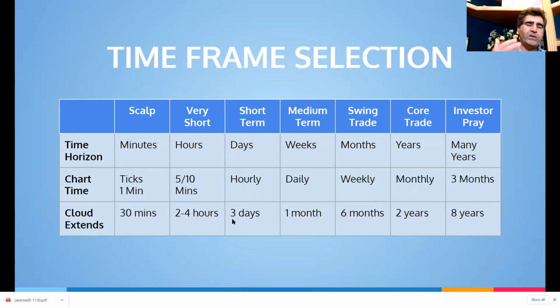So if you're looking at a trade for the next 3 or 4 days, then you want to look at the hourly chart, and that's when you look at the signals.